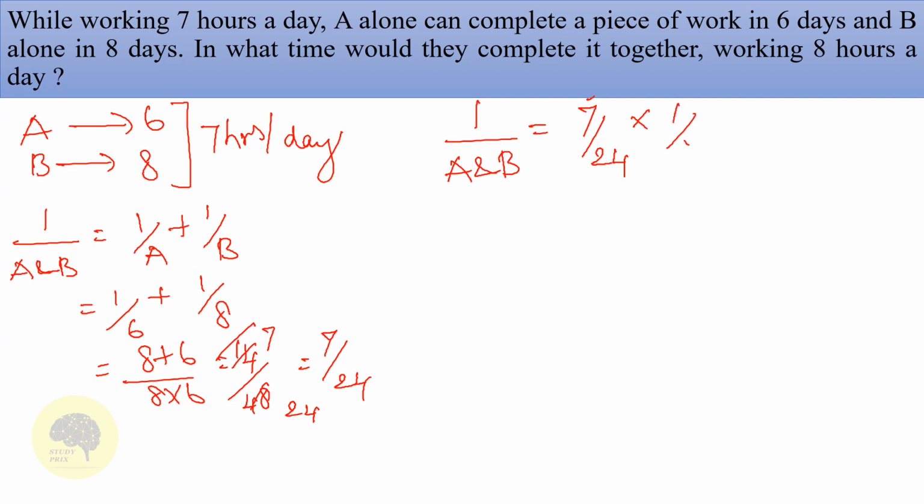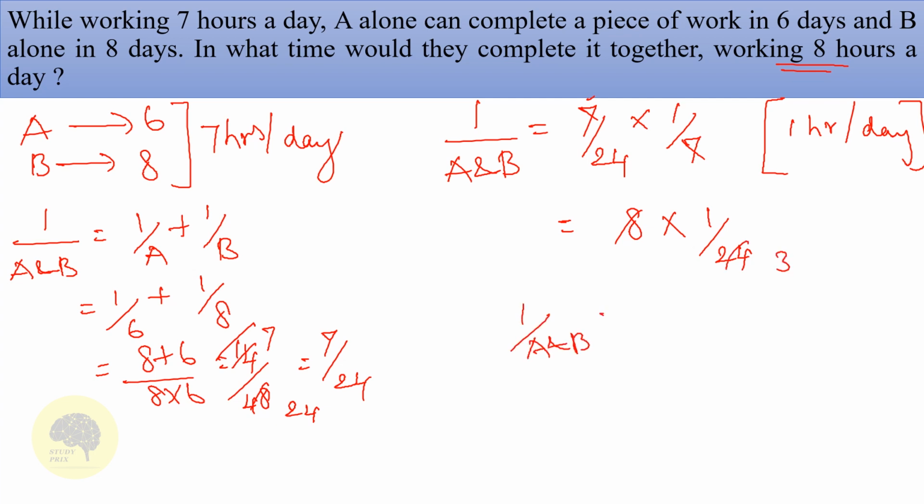For this we have to divide it by 1 by 7. And here we will get the work done by A and B together working 1 hour a day. And in the question we have to find out the work done by A and B together working 8 hours a day. For this we have to multiply it with 8. Cancelling this, 1 by 3.